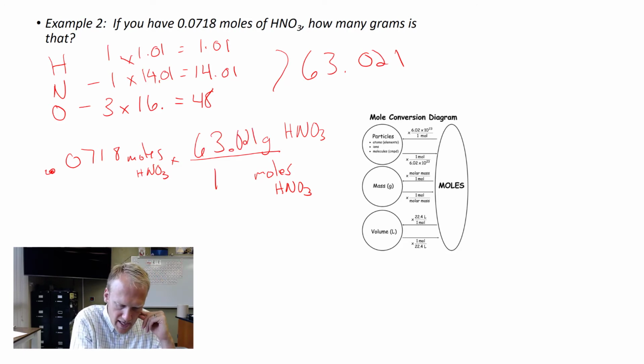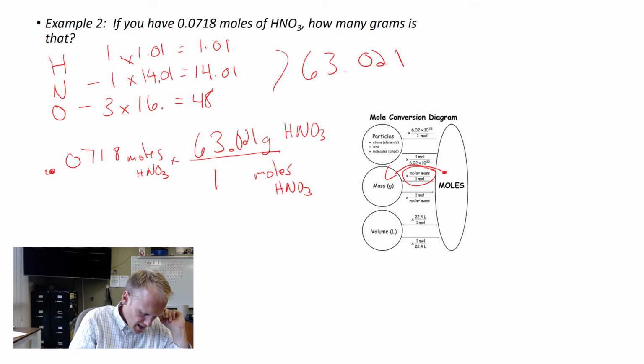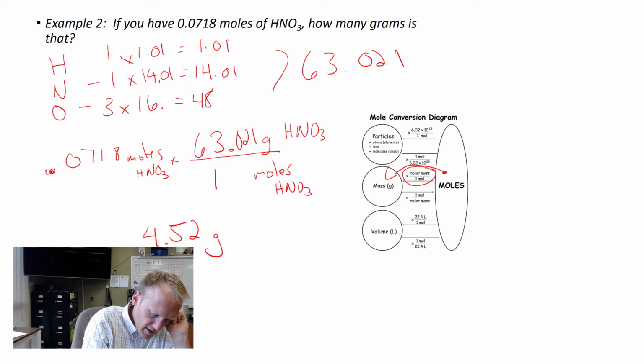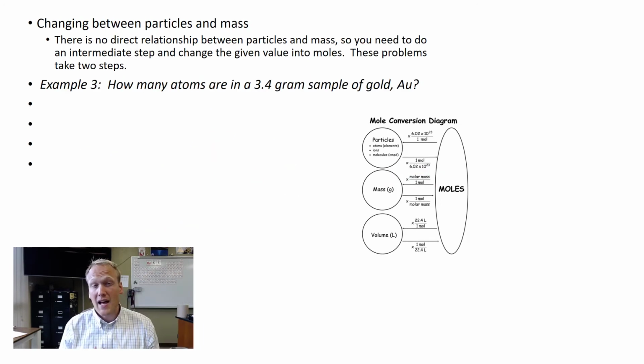If we look at our diagram, in this case we're going from moles to mass, which means we should be multiplying by the molar mass, which is exactly what we're doing. So now we can take our moles and multiply by our molar mass, and we get 4.52 grams of HNO3.